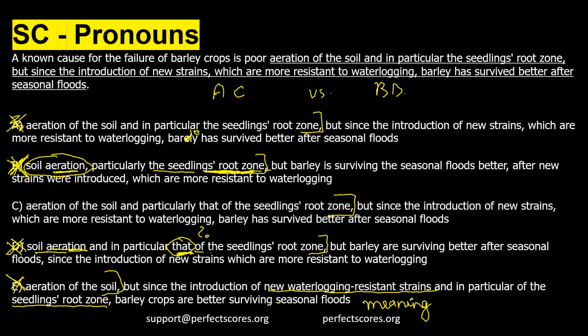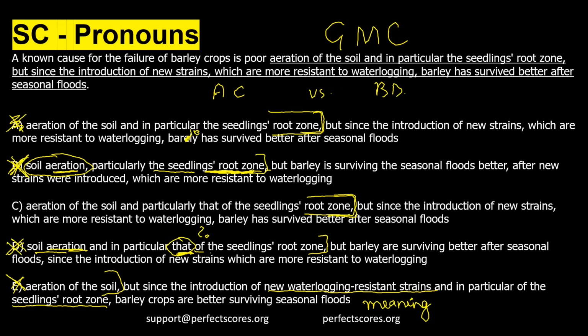I think A looks more concise. Okay, but remember this order again: grammar, and then meaning, and then concision. The remaining part of the sentence is absolutely the same. It's only the first part, which is different in A and C. Now see in A, there's a little bit of confusion with respect to the meaning.